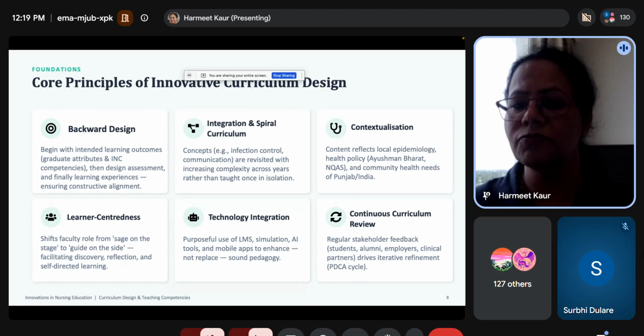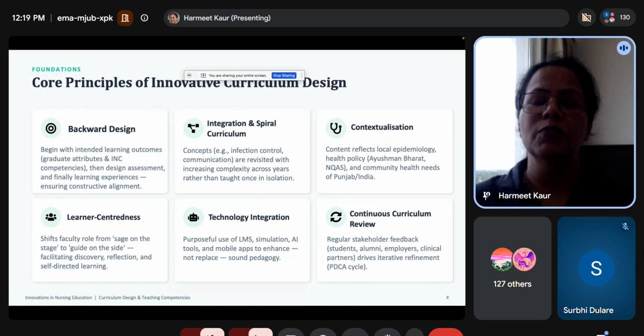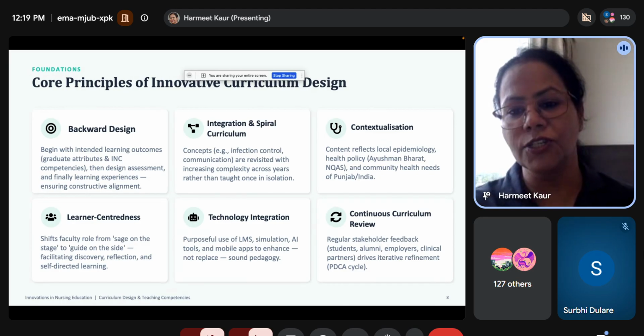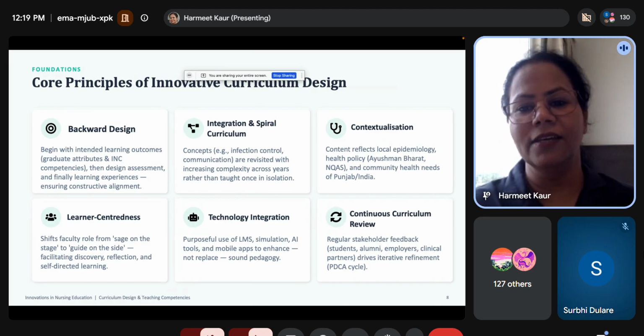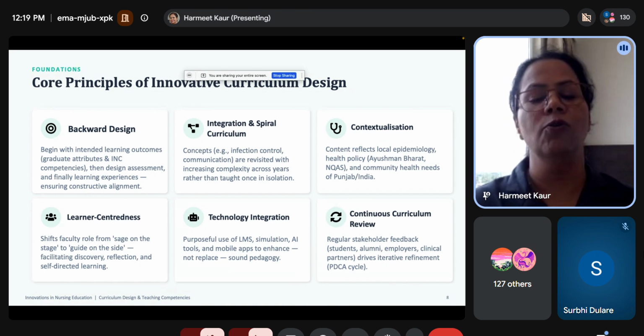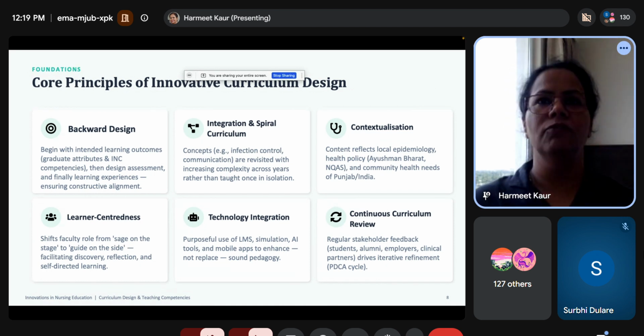Then continuous curriculum review. I'm sure that nowadays the majority of institutions want to go for accreditations like NAAC accreditation. There we actually take regular stakeholder feedback.